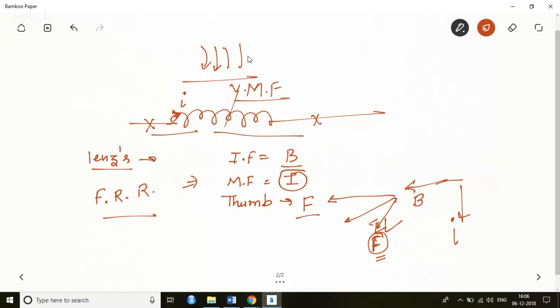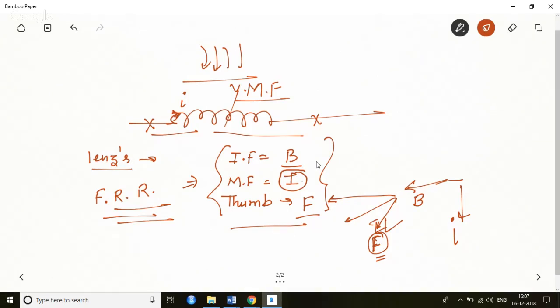So the current would be developed in that direction so that it can oppose the magnetic field due to which this current is created. And for that I have Fleming's right hand rule. So I have given you three fingers, you can apply that, and you can write it down in exam.